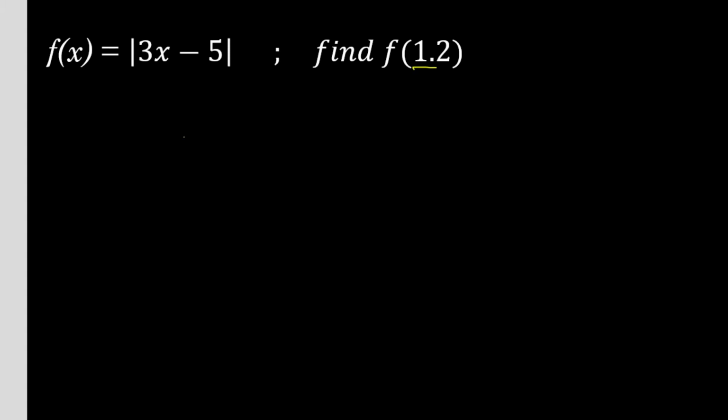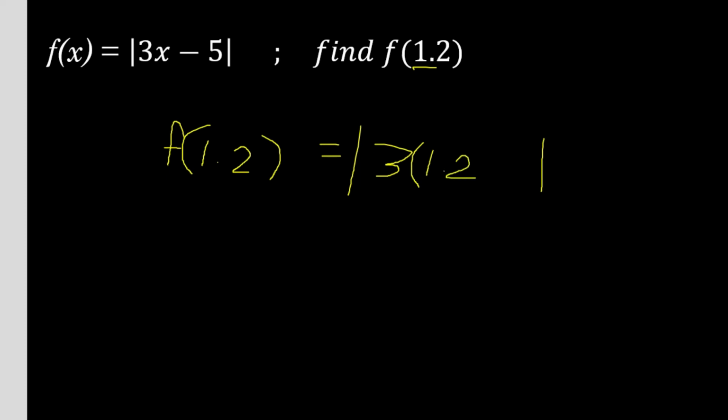So finding the value, we have f of 1.2 is equal to the absolute value of 3 times the value of x, which is 1.2, minus 5.